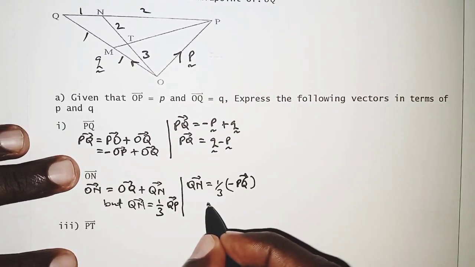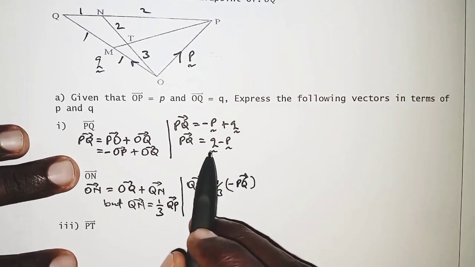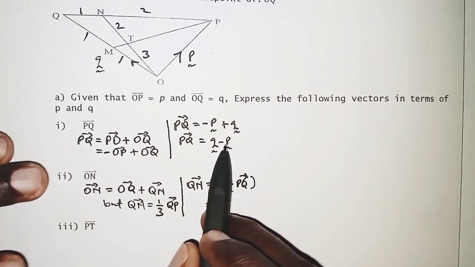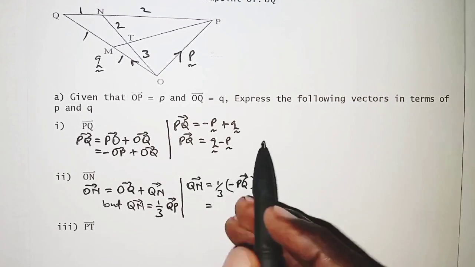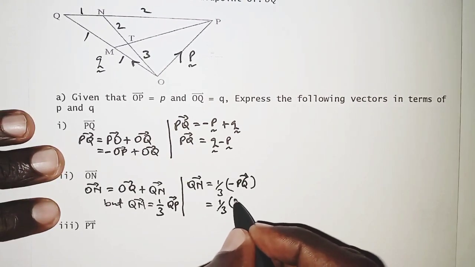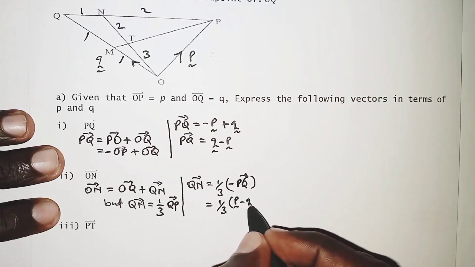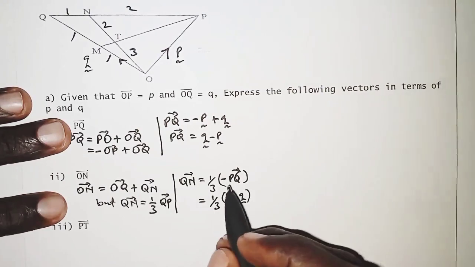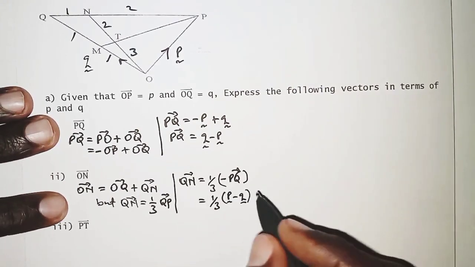So what you're simply going to have here, instead of having Q minus P, we are going to have P minus Q. So it's going to be a third into P minus Q. So this is for QN.